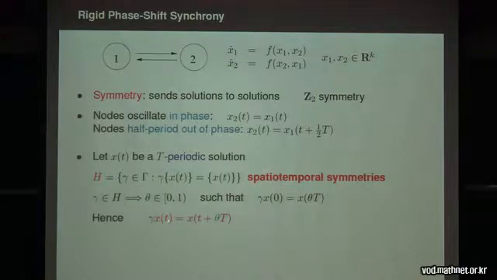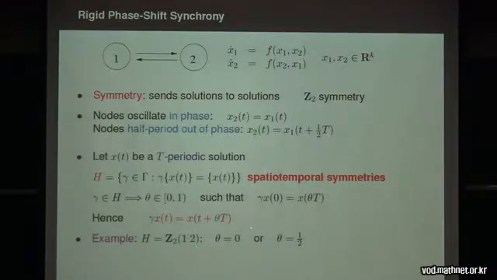So gamma x of t is a solution because symmetry takes solutions to solutions. x of t plus a constant is a solution, since it is an autonomous system of differential equations. And they have the same initial condition over here, so they must be equal for all time. So there's the spatio-temporal symmetry that comes up in a natural way in differential equations with symmetry.